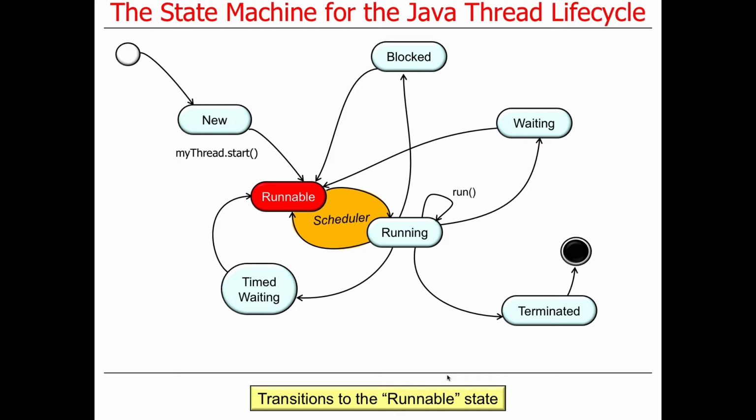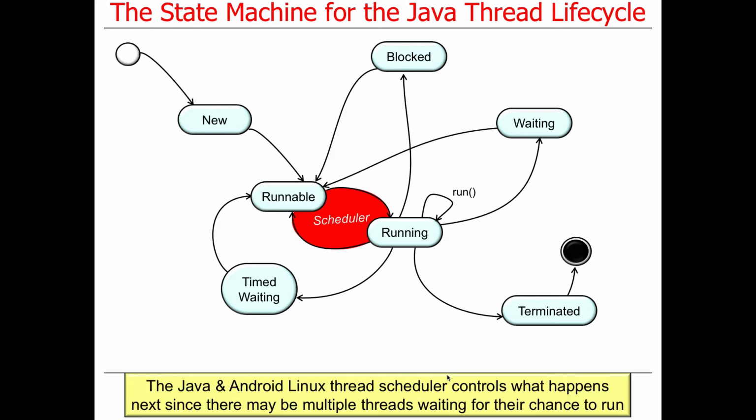Runnable doesn't mean you're running, it just means you're capable of running. How you start to run is by having the scheduler pick your thread, and then it'll go ahead and let that thread actually run on a core. And of course, it's the thread scheduler at the operating system that controls how all this works, because there could be lots of threads that are waiting to run.